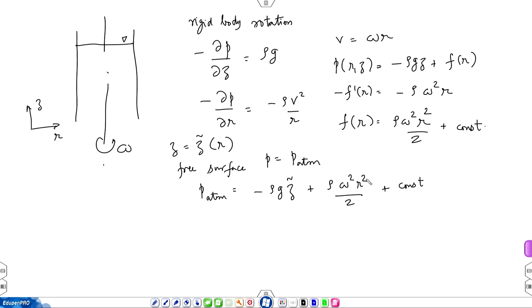So, as you rotate the tube about its axis, it will develop a shape like that. And that dip in the center will change with omega.